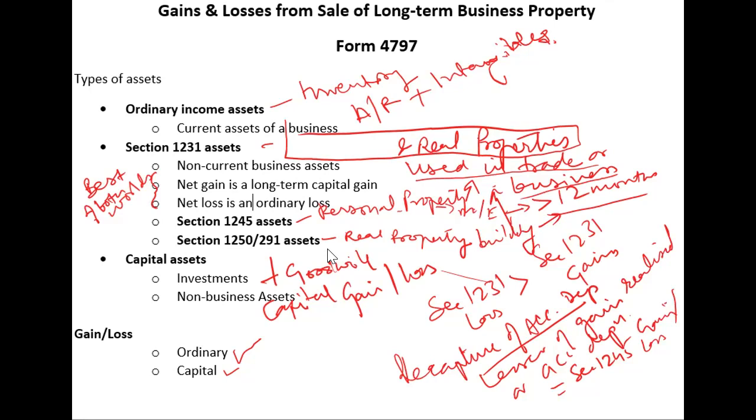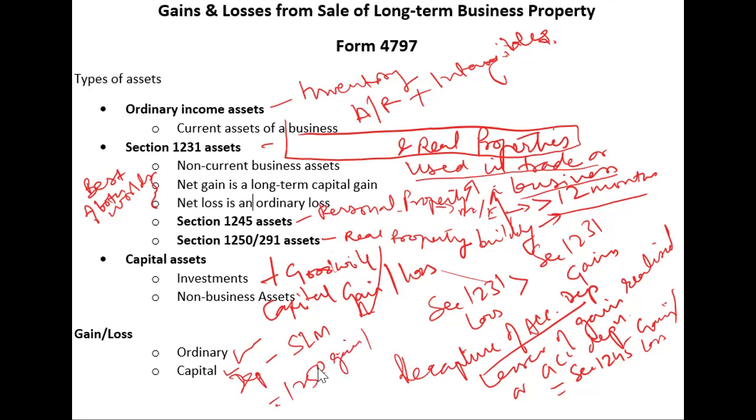So depreciation minus SLM will be equal to the 1250 gain.